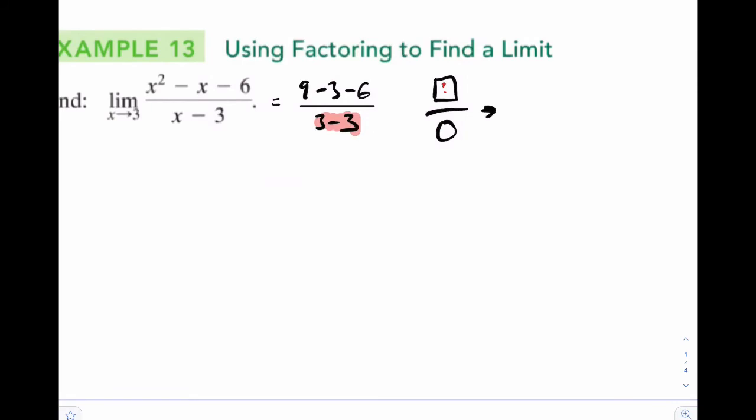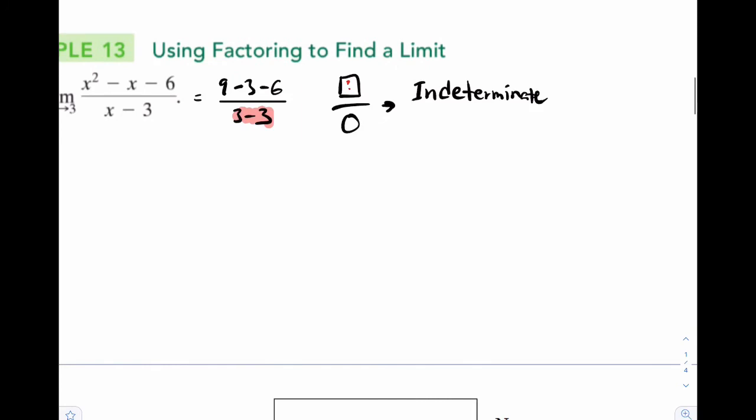We call that indeterminate form. What that means is if you have something over 0, we can't conclude anything. Like we don't know the answer. Could be 0, could be infinity, we have no clue.